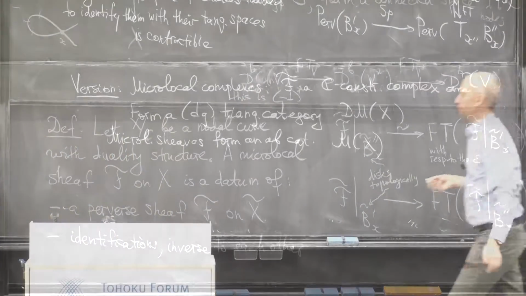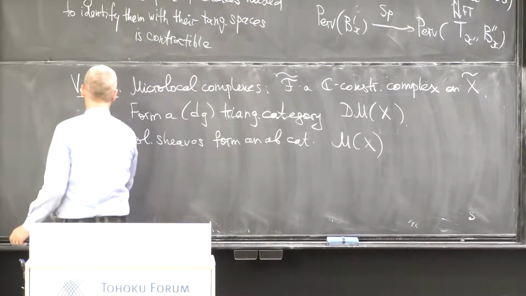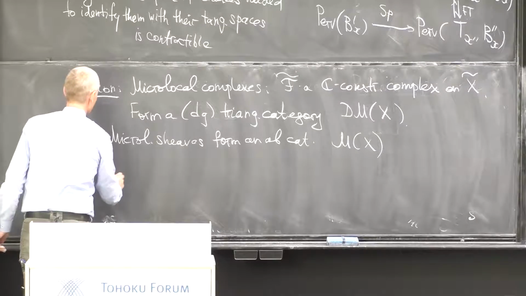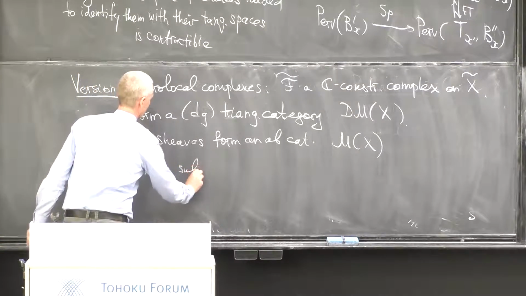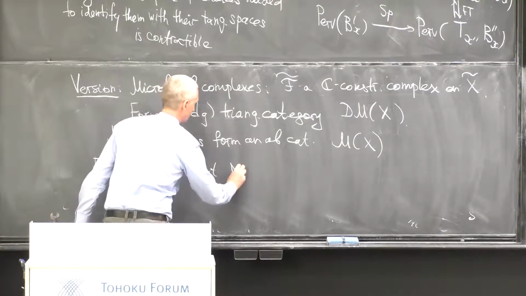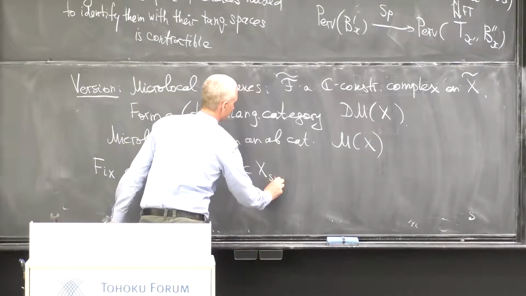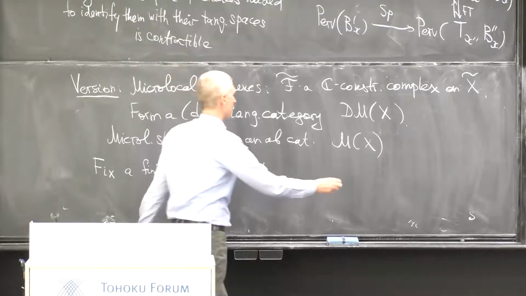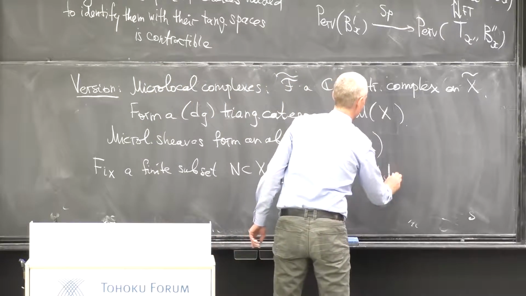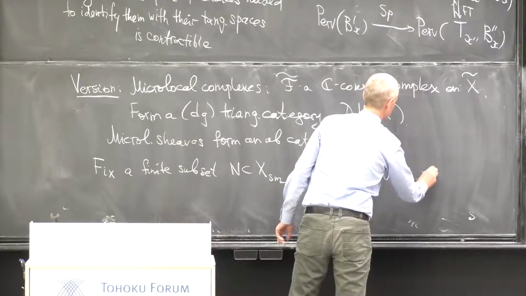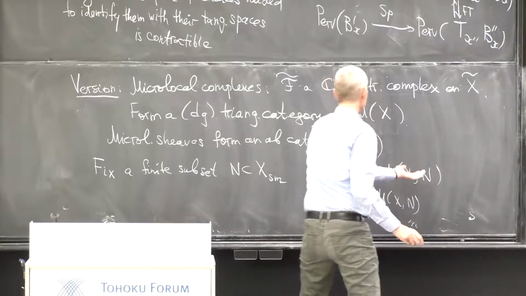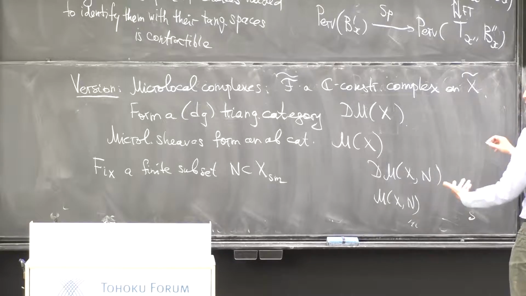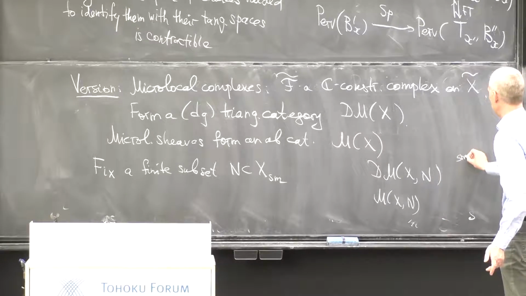So let me just say, fix a finite subset M of smooth points. And then we have the category DM of X n, consisting of objects which are smooth outside M and nodes.